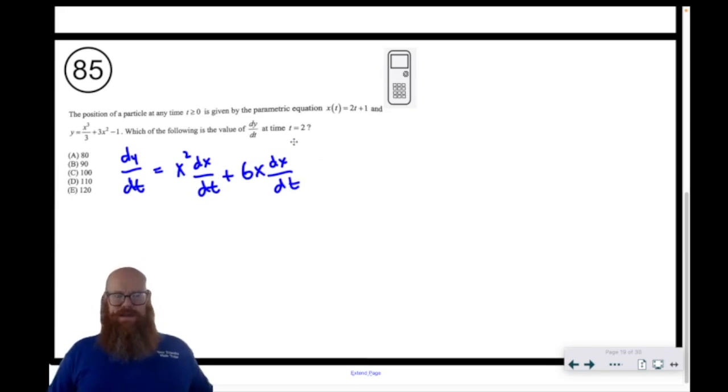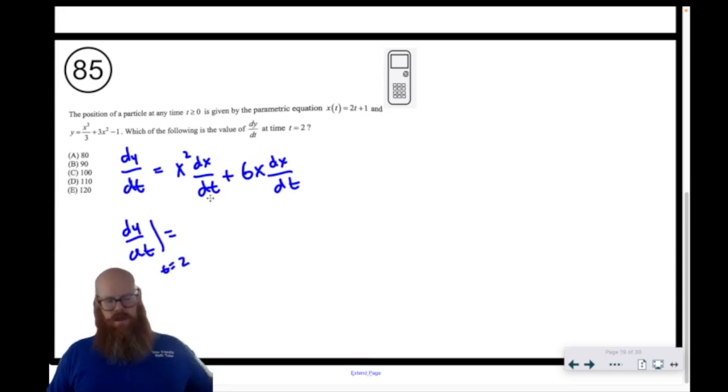And if I want to find it at time t equals 2, I'm going to figure out what x and dx/dt are.